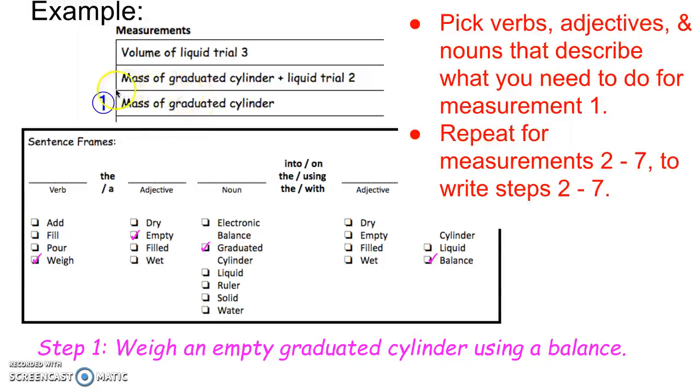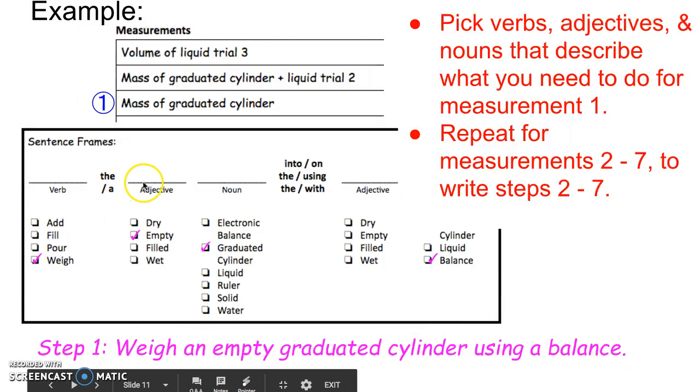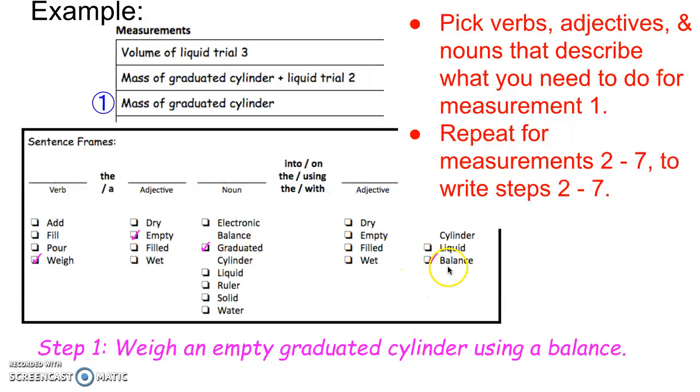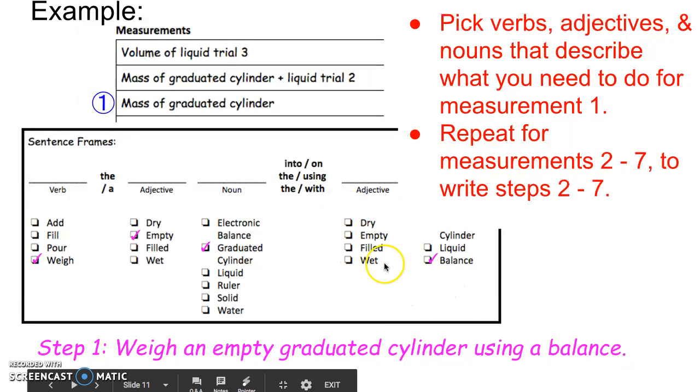So in the case of getting the mass of the graduated cylinder, the action I'll be taking, or the verb, is to weigh it. So I'm going to weigh, and then the thing I'm weighing is an empty graduated cylinder. So I just checked off the things that made sense. And what will I be using to do that? What equipment? I would use an electronic balance, right? So here I just wrote that out. And so this first step matches my first measurement.